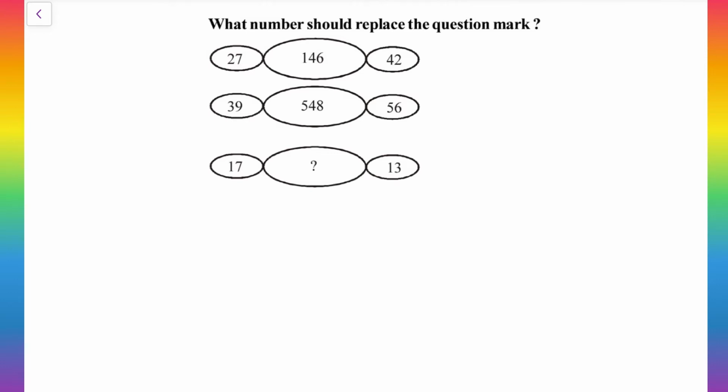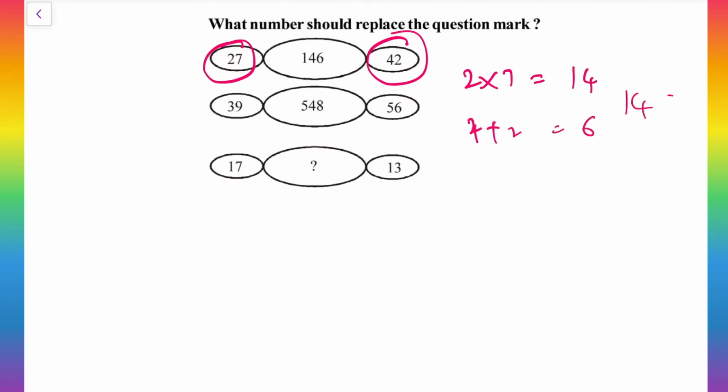Let us check now. Two sevens are 14. 4 plus 2 is 6. These two numbers together we are writing 146.